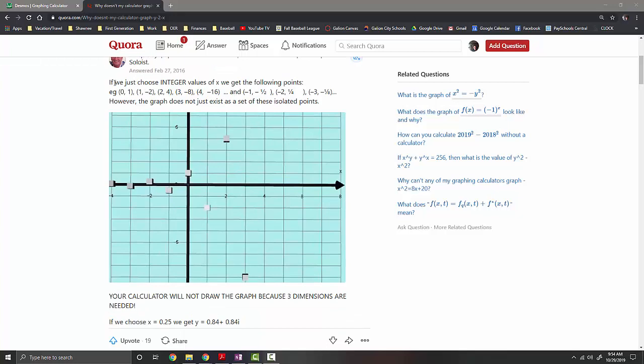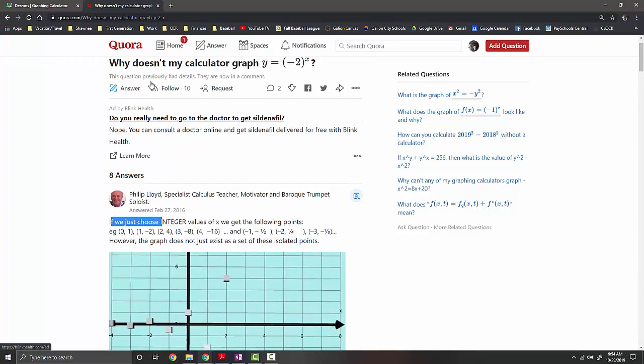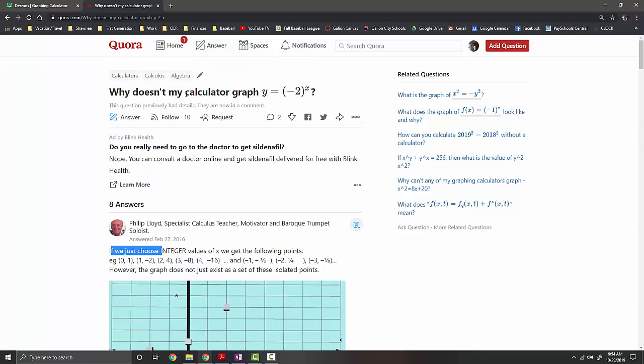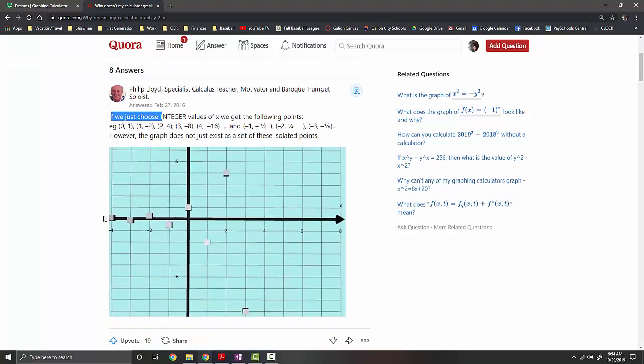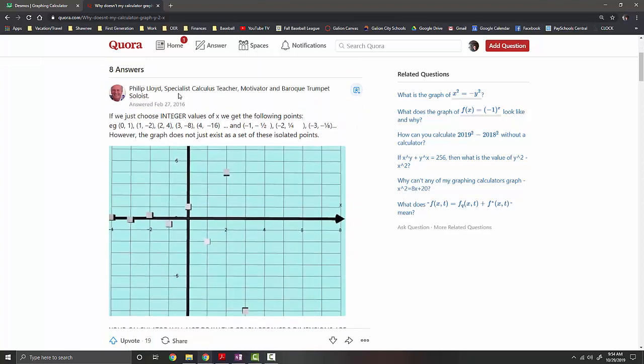So for example, here is a post that someone posted online: why doesn't my calculator graph this function? And it looks like a calculus teacher responded, saying if you just choose integer values, like negative 5, negative 4, negative 3, negative 2, negative 1, 0, 1, 2, 3, 4, 5, and it keeps going on forever in both directions, so those are integers.